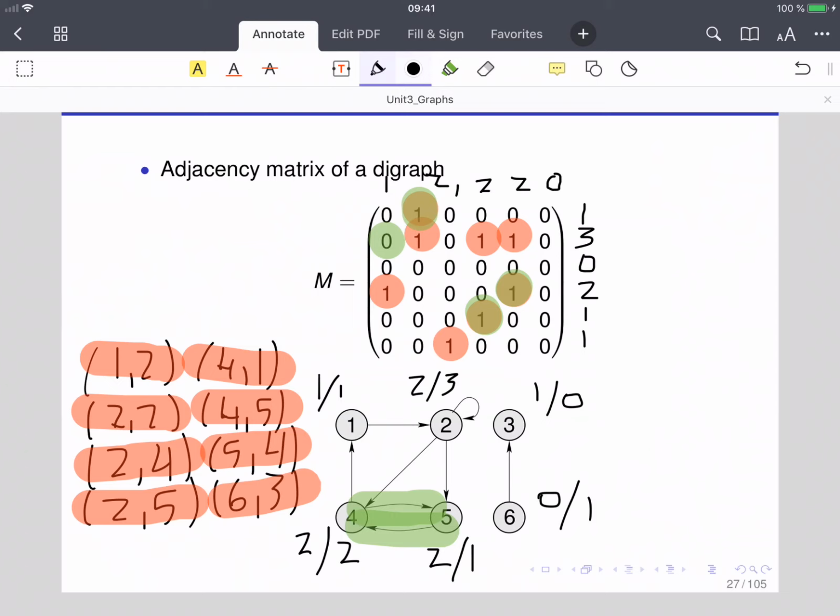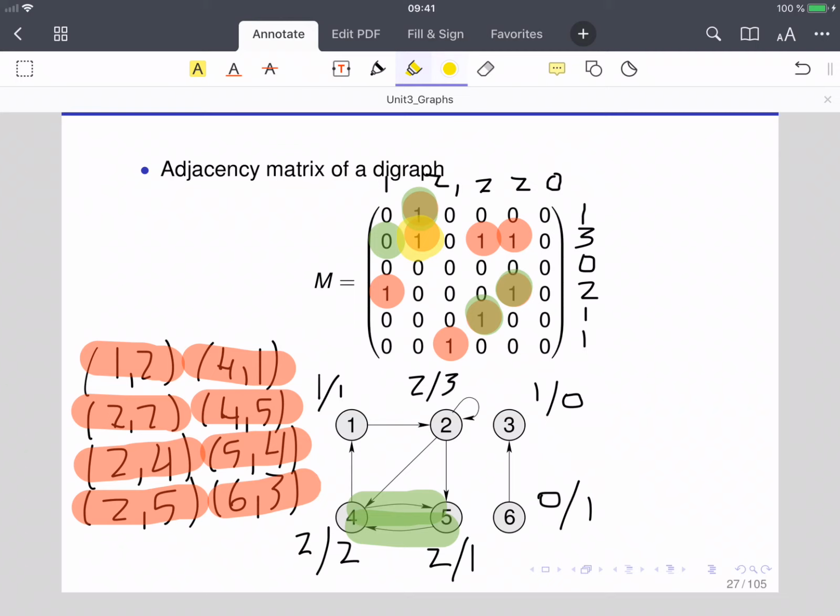Notice also that if we want to compute the total degree of a vertex, we need to compute the sum of the elements in the row and the sum of the elements in the column. And notice also that the elements in the diagonal are going to be counted twice.